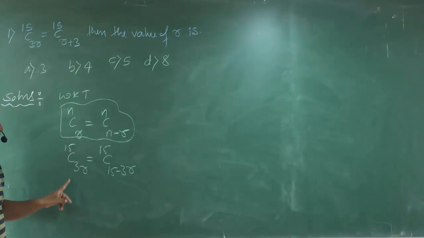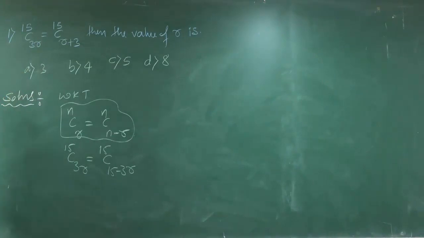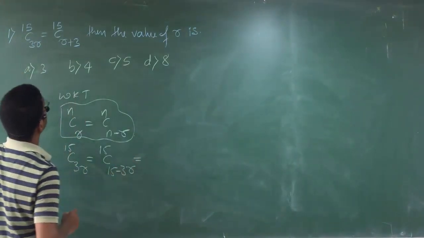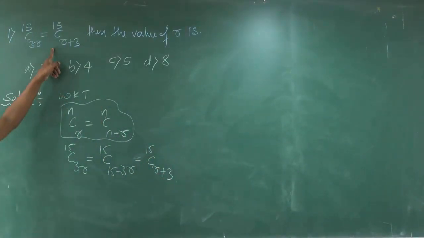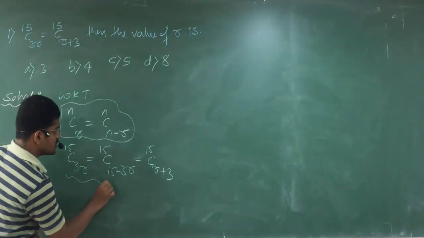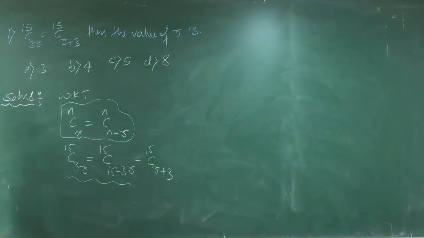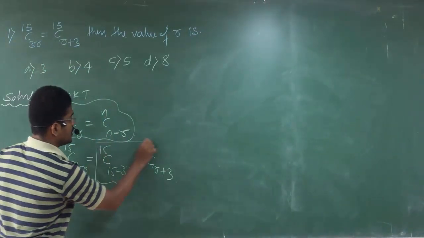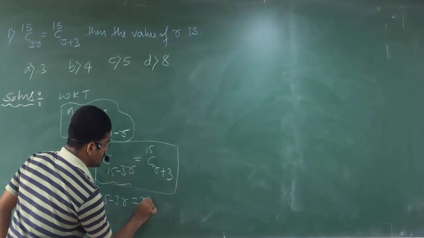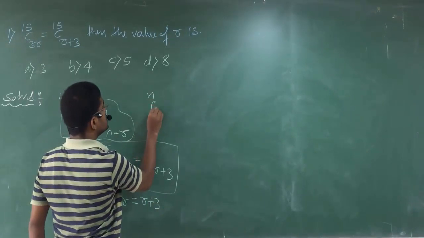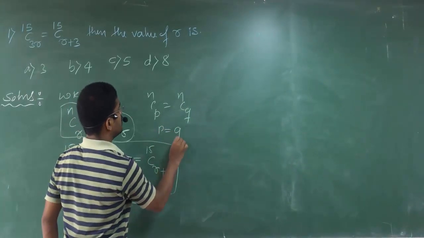So 15C3r equal to 15C(15-3r), and this will be equal to 15C(r+3), which is from the problem. Now I can write 15-3r will be equal to r+3, because if nCp equals nCq then p will be equal to q.